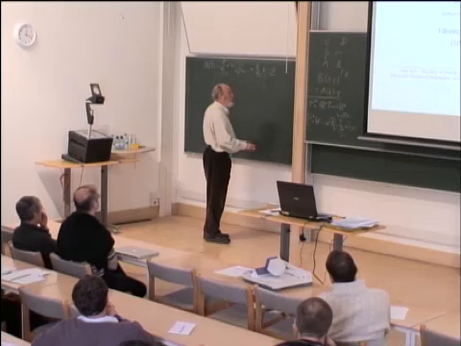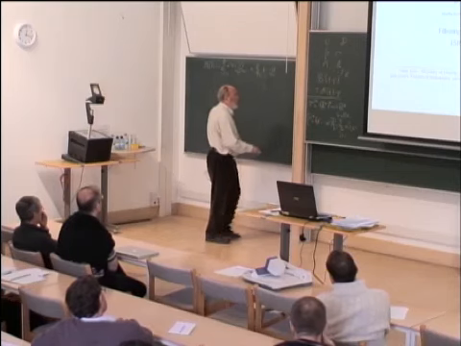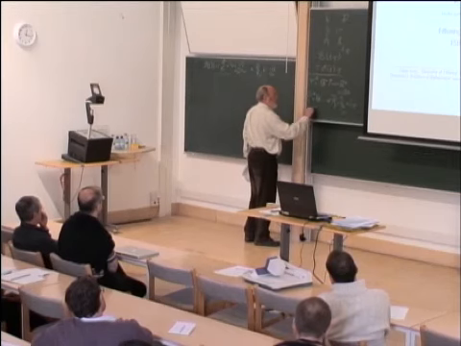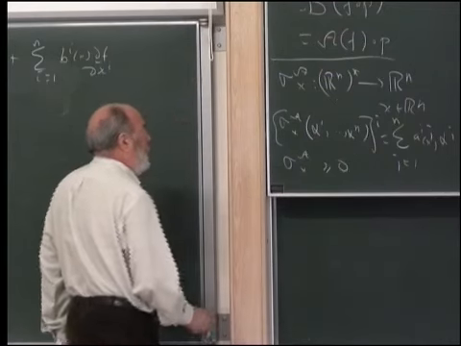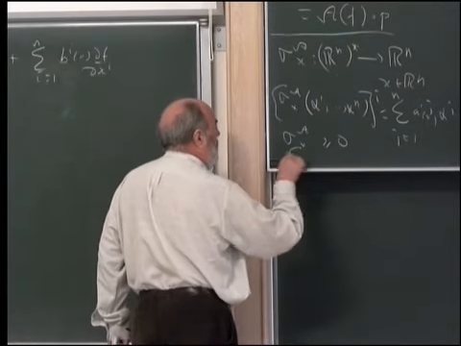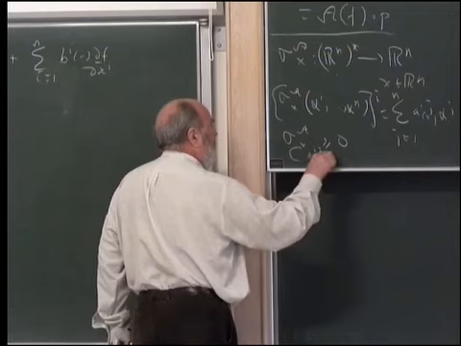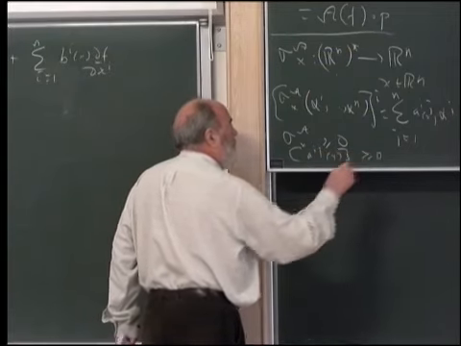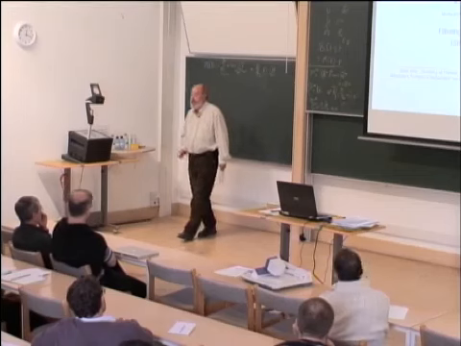And the semi-ellipticity means that the symbol is positively semi-definite for all x, which equivalently means that the matrix a^{ij}(x) is always positive semi-definite. So I'm allowing degeneracies.